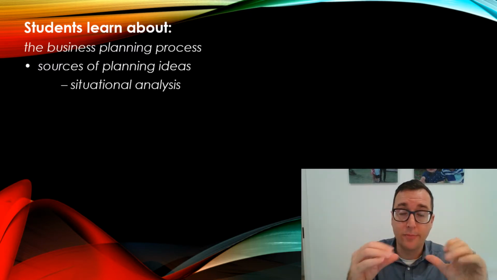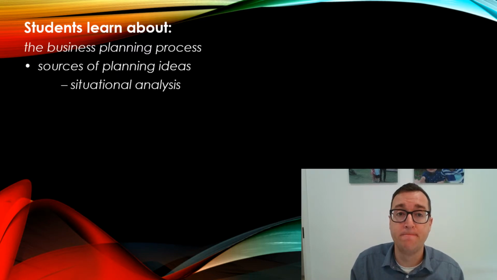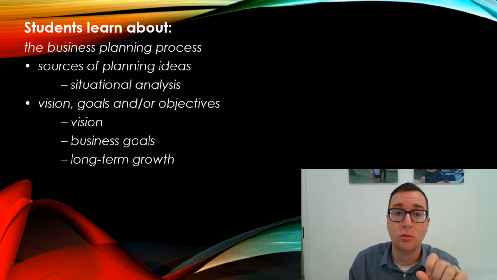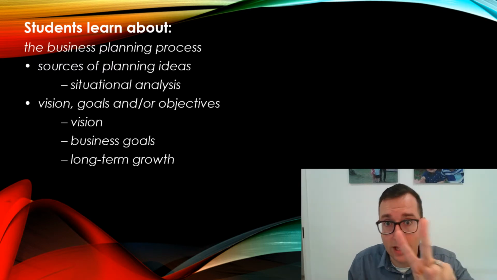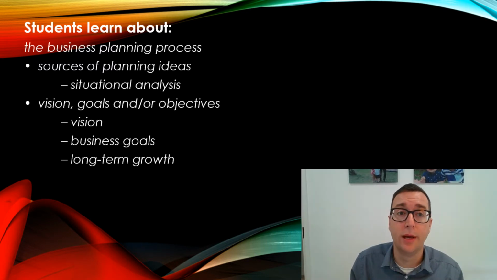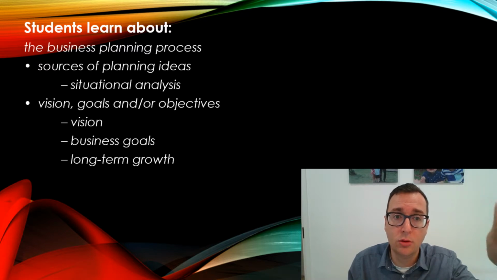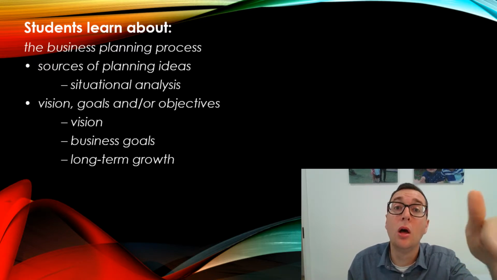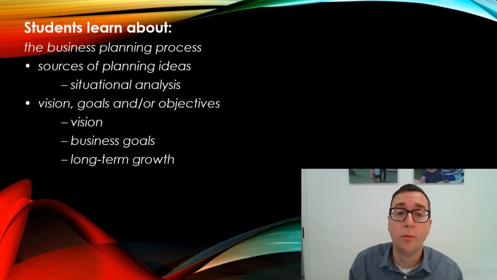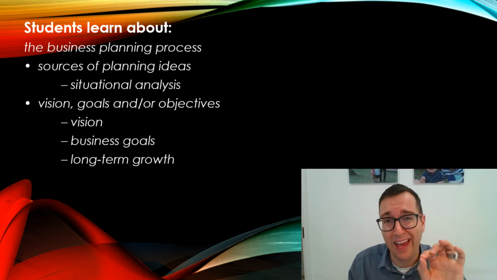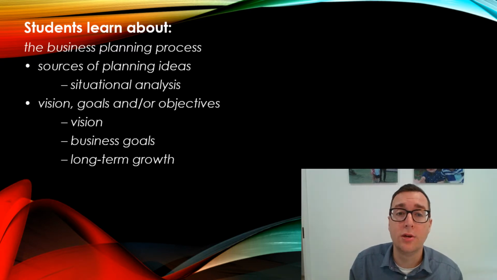That's the first step there in that business plan. Then we look at vision, goals and or objectives, the second step in our business plan. So from source of planning ideas through to vision, organizing resources, forecasting, monitoring and evaluations, and the final step, taking corrective action, those 6 or 7, they're part of a business plan.